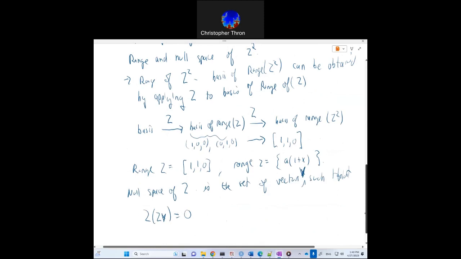So what does that mean? That means that zv is in the null space of z.